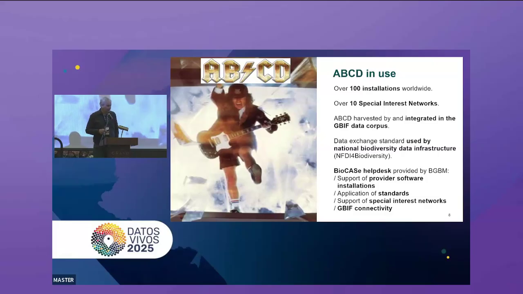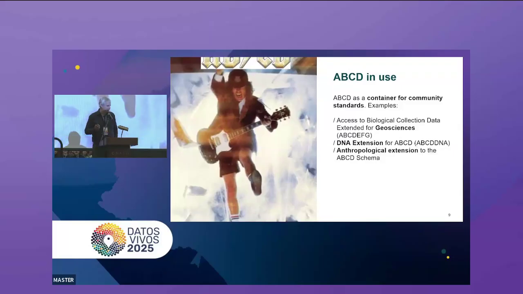And there's also a BioCASe help desk, which helps providers to map their data to ABCD and deliver it, for example, to GBIF. But also ABCD is used as a kind of container for other community standards. Examples are the extension for geosciences, also the DNA extension for ABCD, and there's also an anthropological extension which uses the ABCD schema.